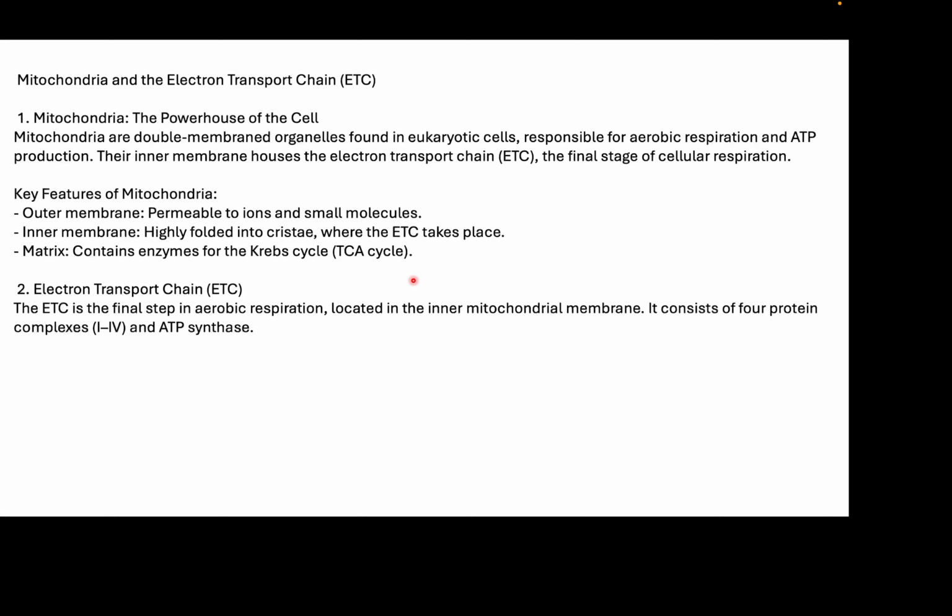The mitochondria is an organelle in the cell, this is very basic. This organelle is called the powerhouse of the cell. Mitochondria are double membraned organelles found in eukaryotic cells responsible for aerobic respiration and ATP production.